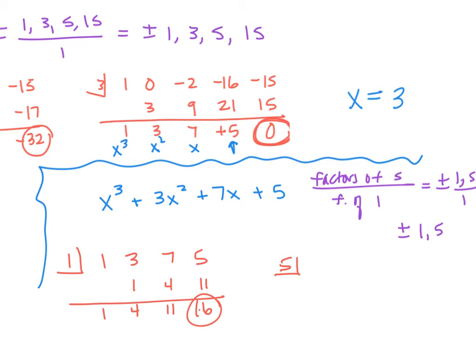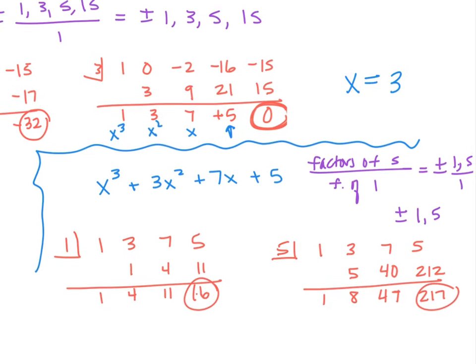Alright, 1, 3, 7, 5. Add down, multiply, add down, multiply, add down, multiply, add down. We got a remainder.